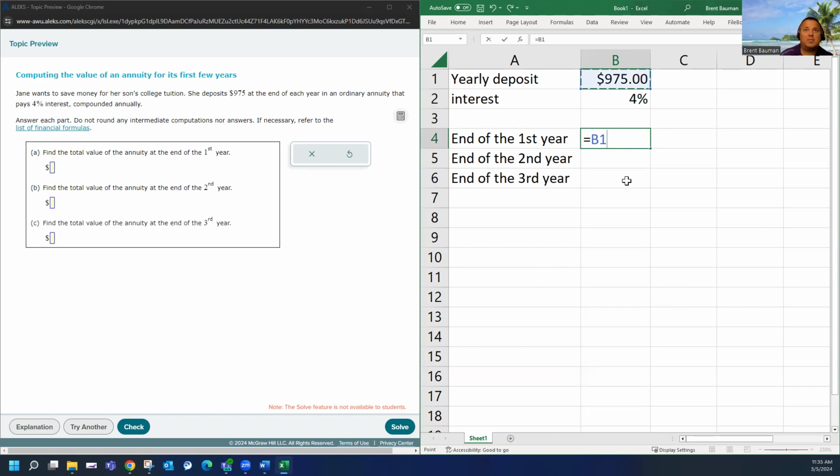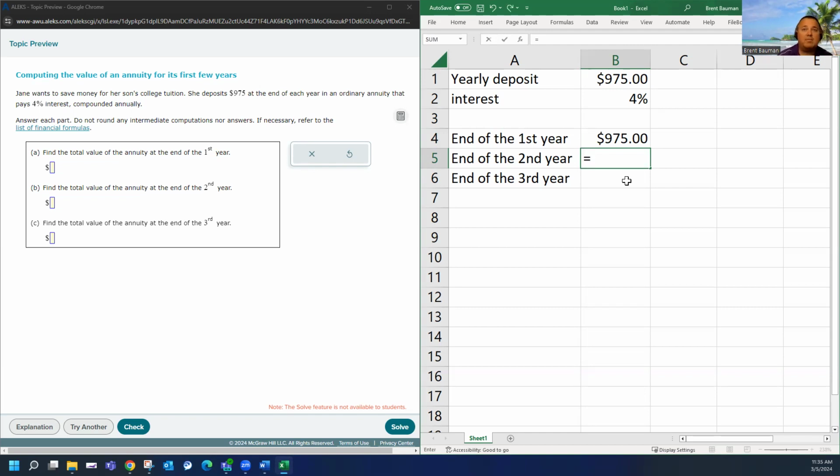Okay, so we're making a deposit at the end of the year. We don't get to make a deposit at the end of the year and then earn that whole 4% for the year that it wasn't there. Okay, so that's our end balance after the first year.